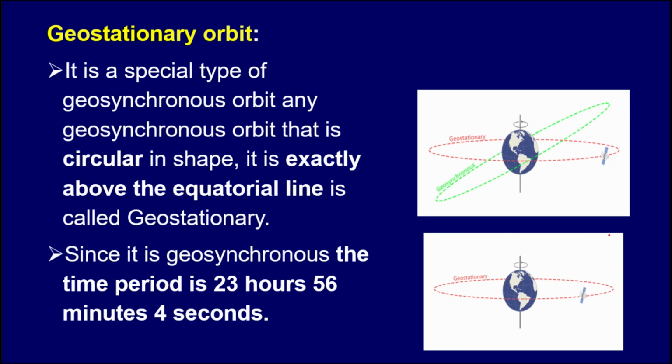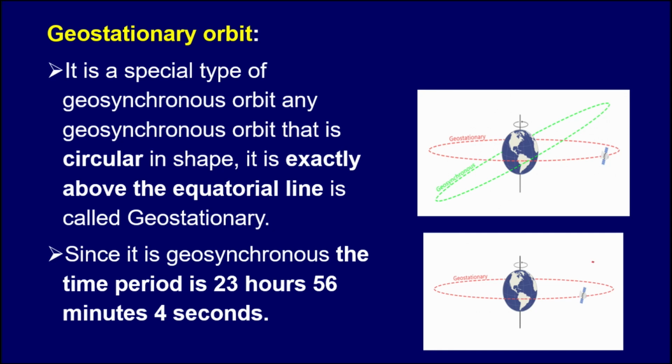Any geosynchronous orbit that is circular in shape and exactly above the equatorial line is called geostationary orbit. Since it is geosynchronous, the time period is 23 hours, 56 minutes and 4 seconds.